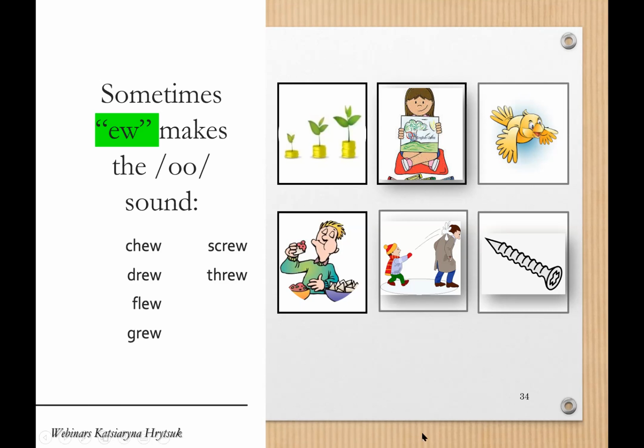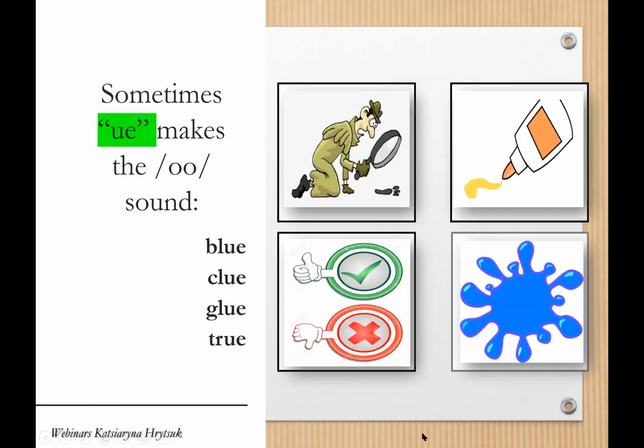Okay, good. That EW makes sound U. Also, blue. You see? Yeah, Vika, you can help me to read, please. Blue, clue, glue, true. Bravo. So also connect. Quite easy. True, blue, glue, clue.